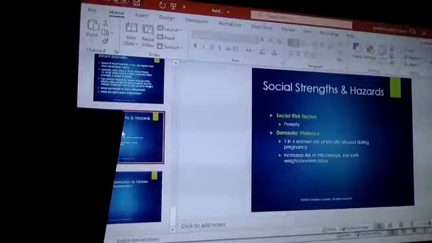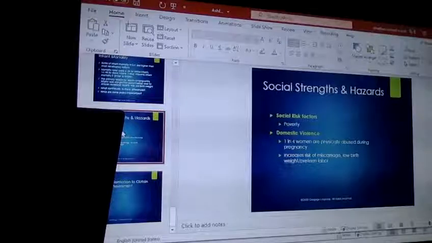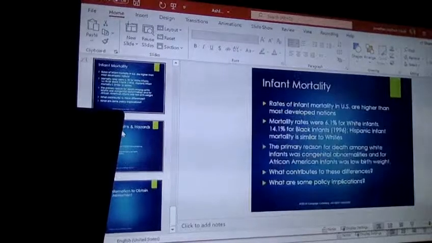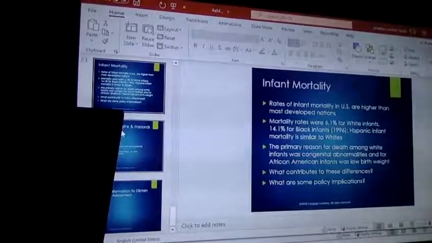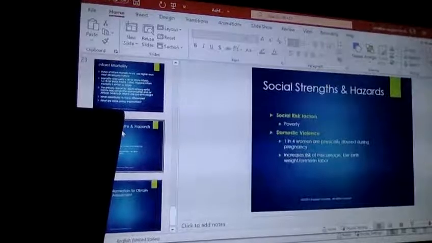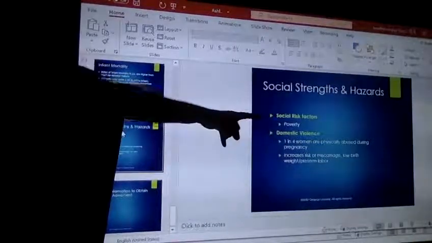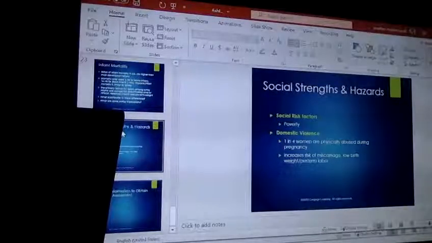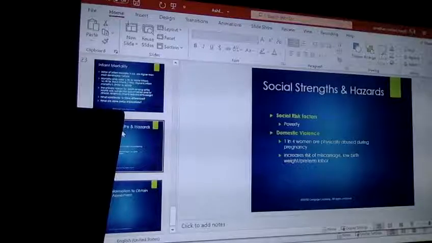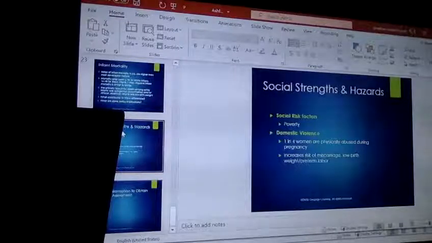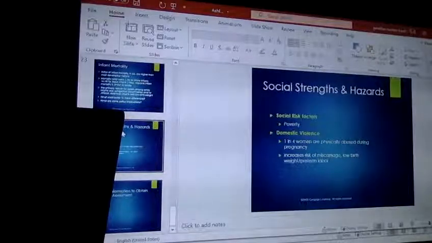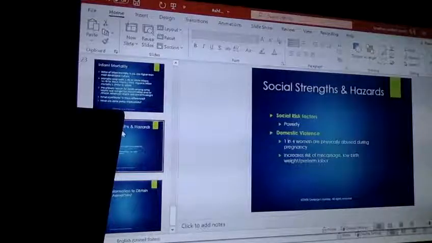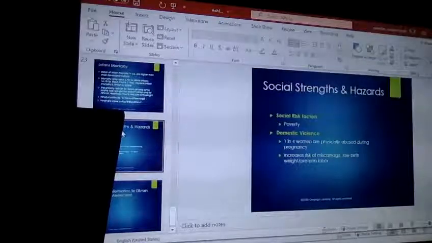So the questions we were talking about last class were what contributes to infant mortality and what can be helpful. A big one is poverty. If you're not getting proper nutrition when you're pregnant, or if you live in a war-torn country, or there are lots of stressors, poverty, or a lack of transport to a doctor, or the ability to see the doctor.